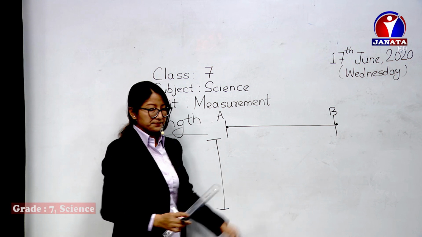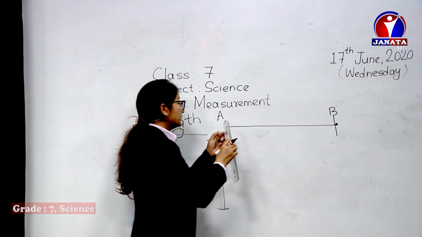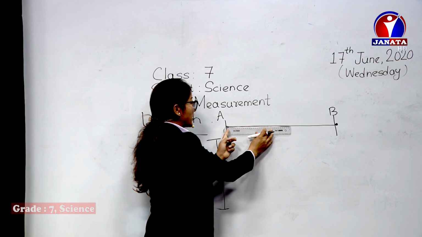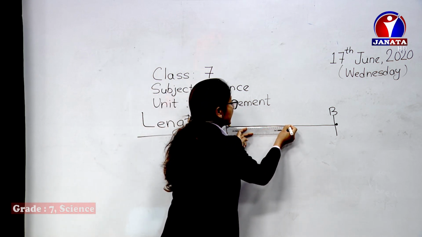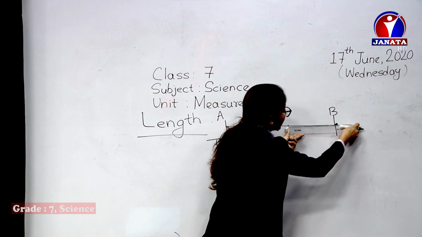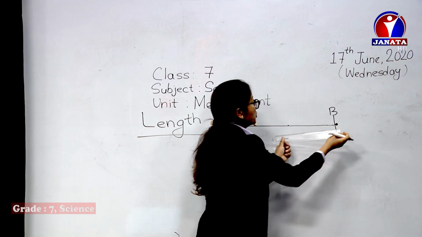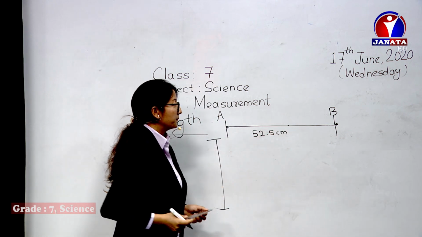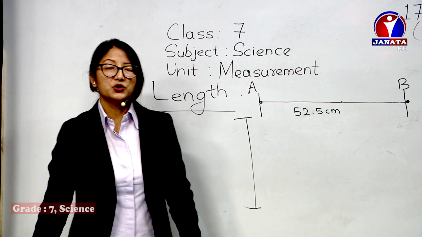Now if we have to measure, we can keep a scale here, keeping it straight like this with the zero mark exactly on the point, and we can measure the length, the gap between these 2 points. It's 30 plus 22.5, so altogether 52.5 centimeters. See, it's that much long. So the gap between 2 points is length.